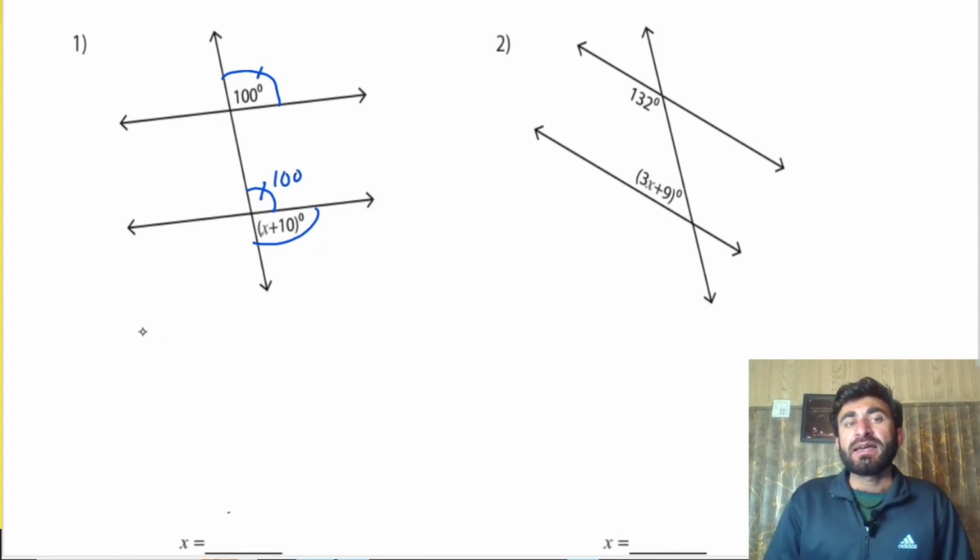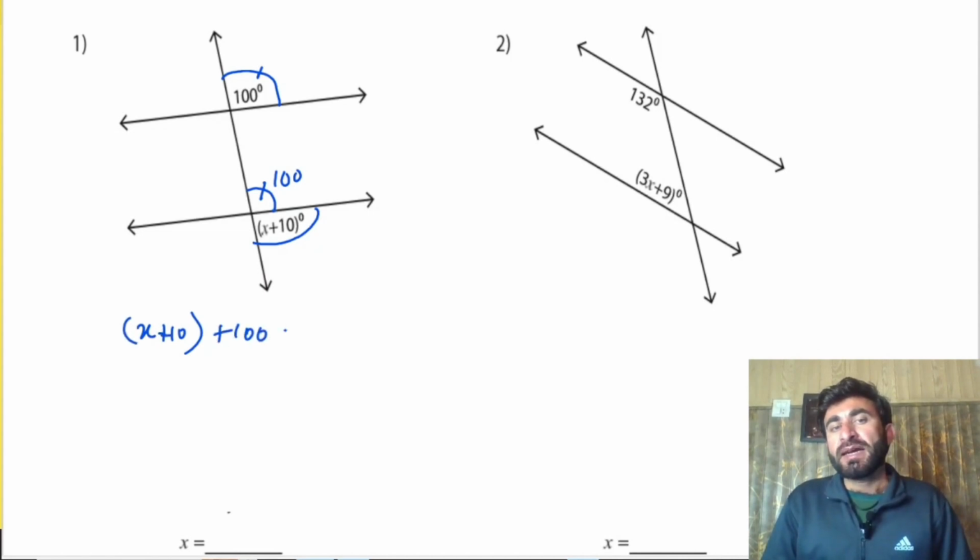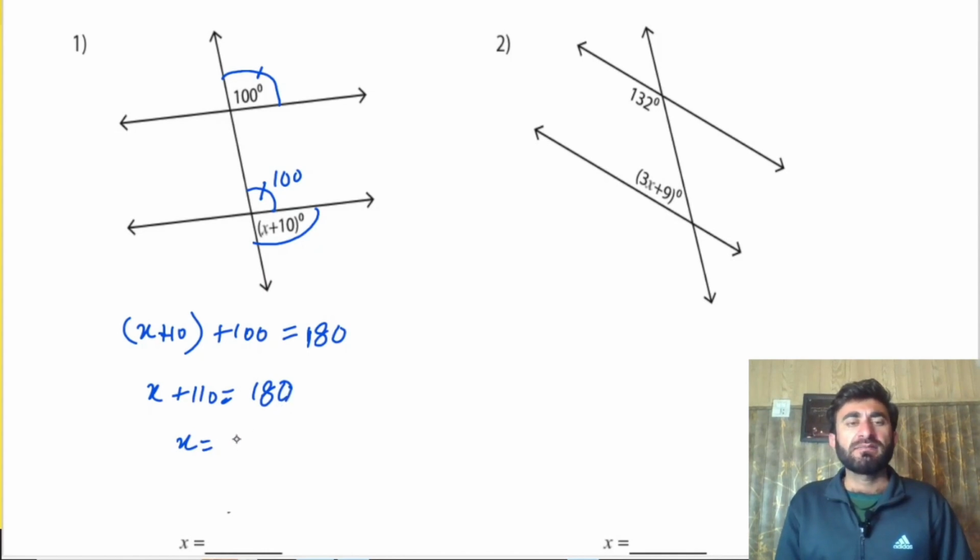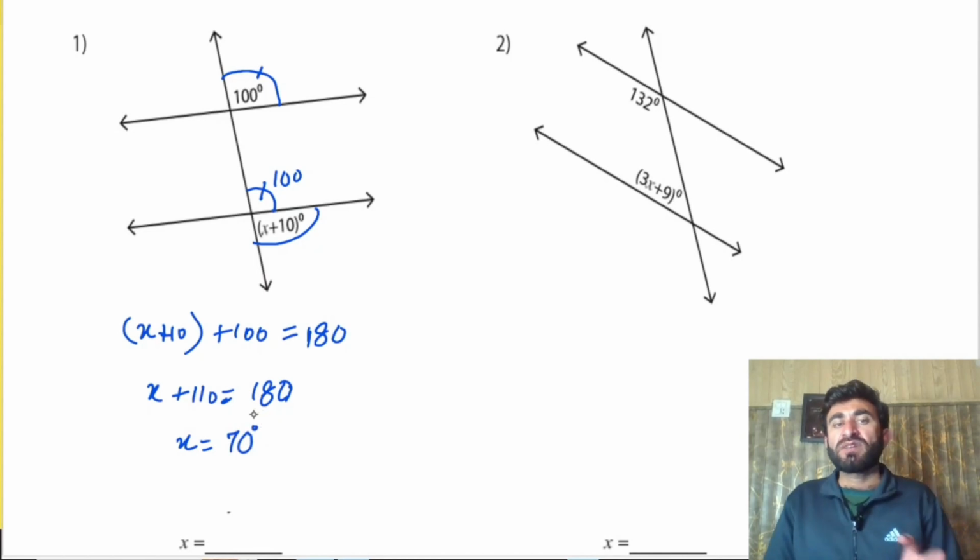We can see that X plus 10 and 100 add up to 180 because they complete a line. Okay, they complete a side of line, so it makes X plus 110 equal to 180, which then gives us X as 70, after subtracting 110 from 180.